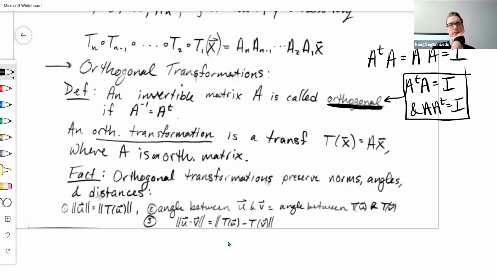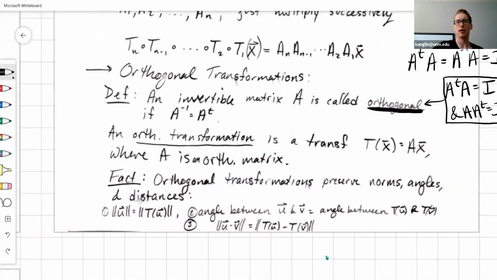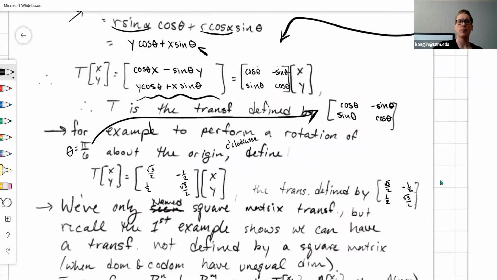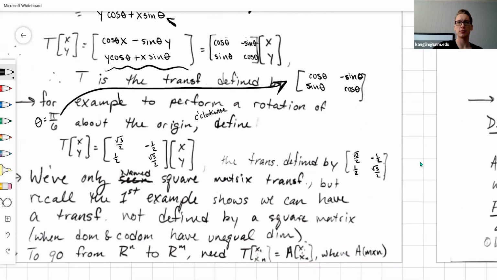So if I start out with two things here, when I move them over, they're the same distance apart. Have we seen any transformations so far that seem like they might fit this description? Think about that pretty critically. Think if you can identify any of the transformations we've done so far that might be considered orthogonal transformations. I'll give you a little hint: think about rotations and reflections.